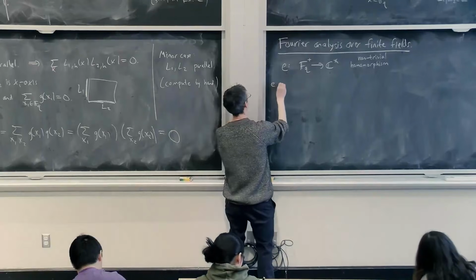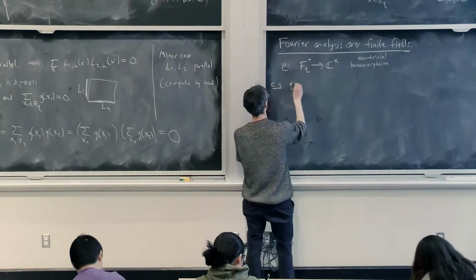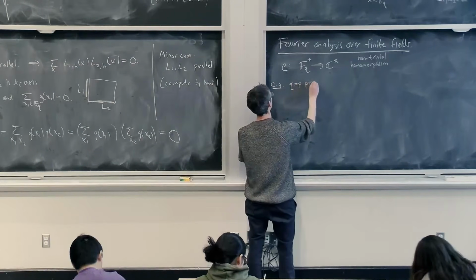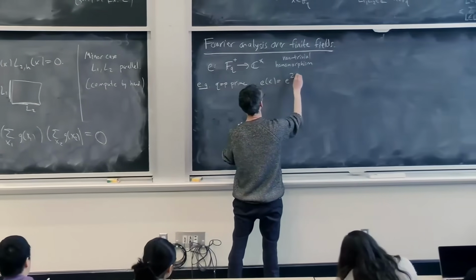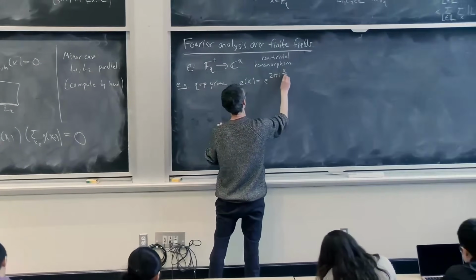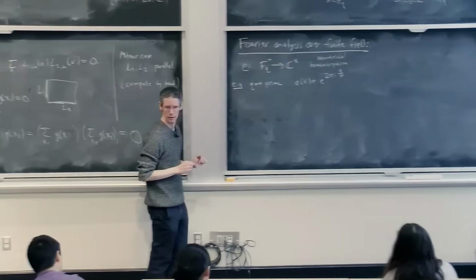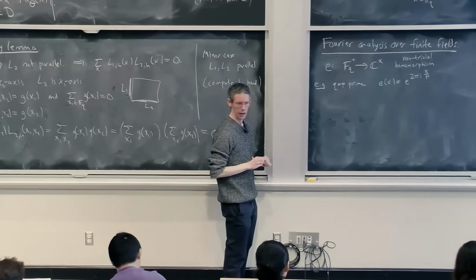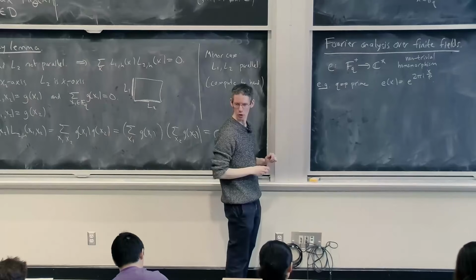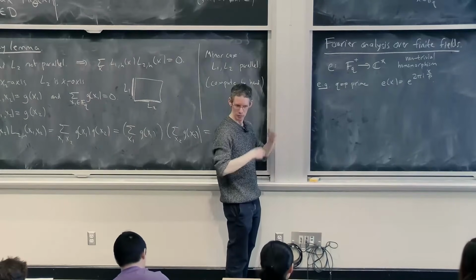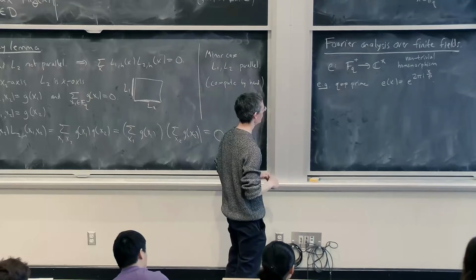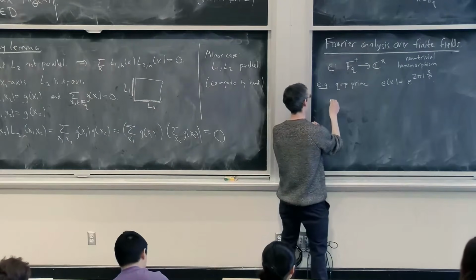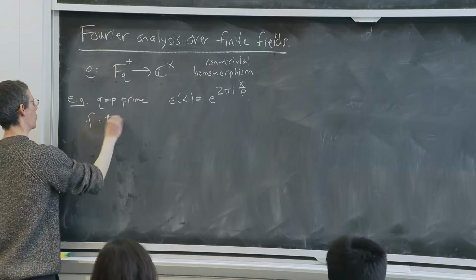OK, so for example, if Q equals P is prime, then it would be E of x is e to the 2 pi i x over P. And if Q is not prime, it takes a little bit more doing to write down a homomorphism, but there is one. OK. So now suppose I have a function on FQ to the d.